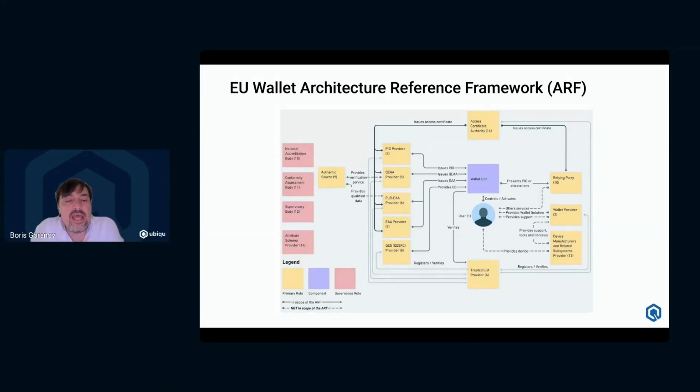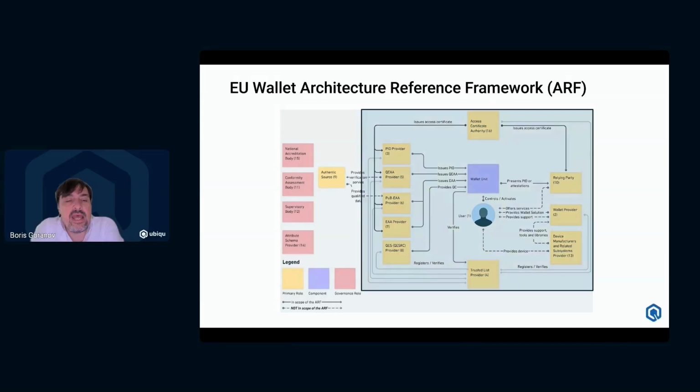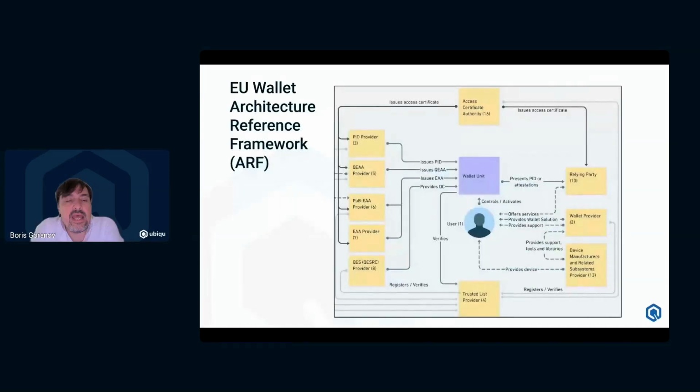What I'm going to cover here is what it means to service a wallet from the different providers and actors in the ecosystem. I'm not going to go into the governance framework, but we're going to focus on the different actors that are interacting with the wallet. We're going to start with the certificates, and the access certificates basically give every entity within the ecosystem a digital identity.